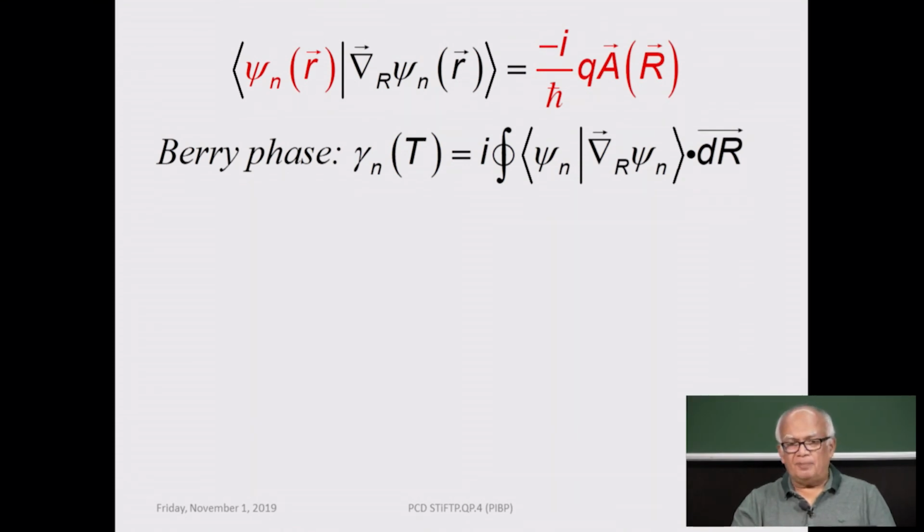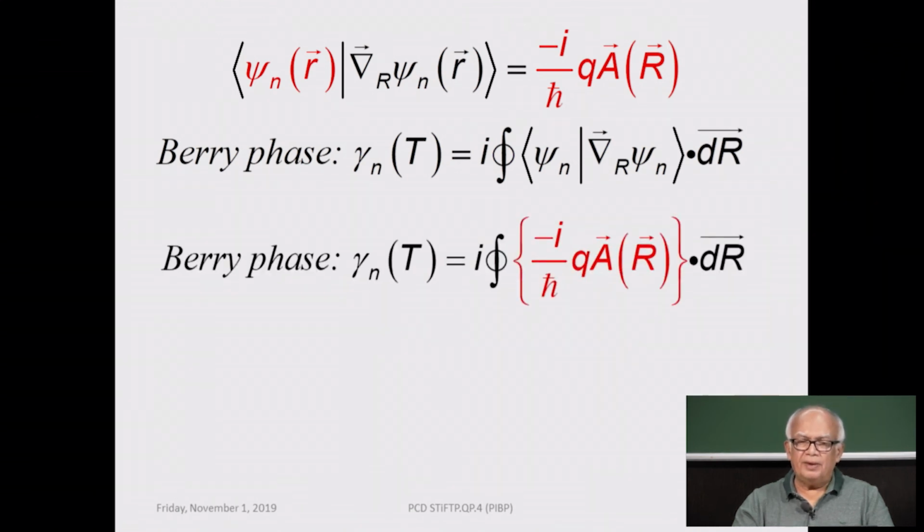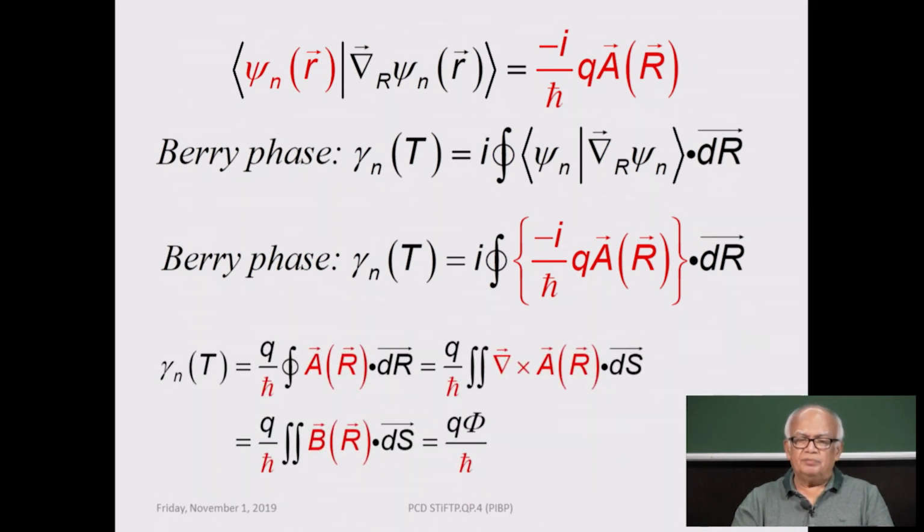This is the geometrical phase and we have got the term in the integrand. So put it in, right. And get the common terms out. Now you have got a line integral over a closed path. And where is this path? This is the path outside the solenoid where B is 0. Okay?